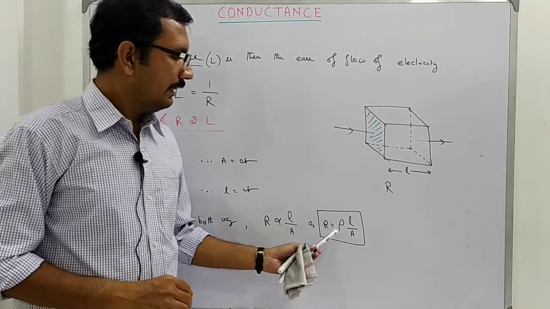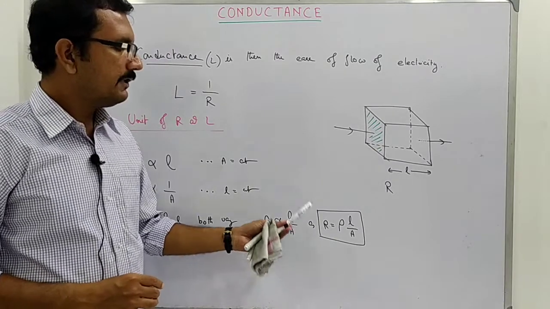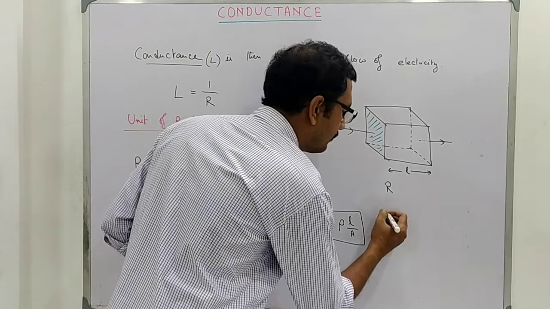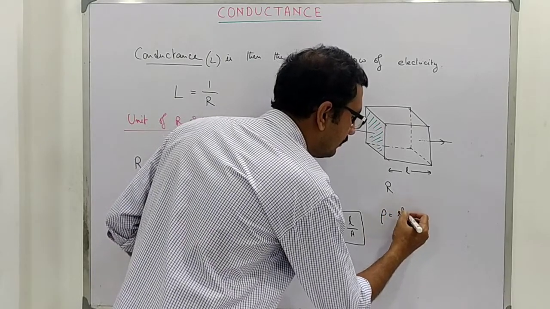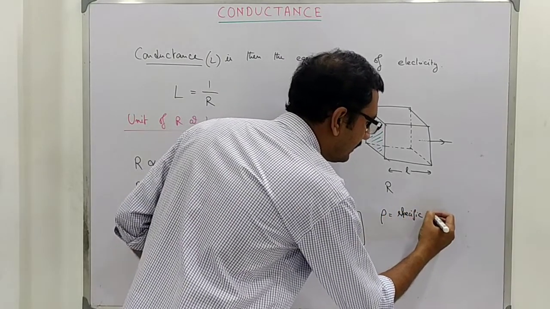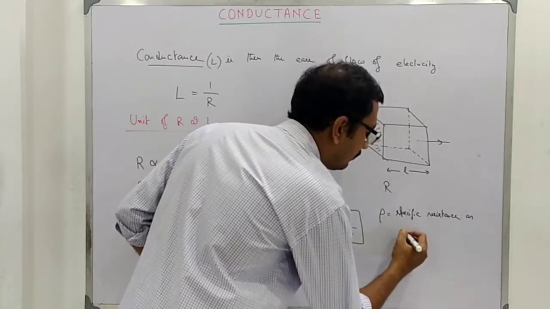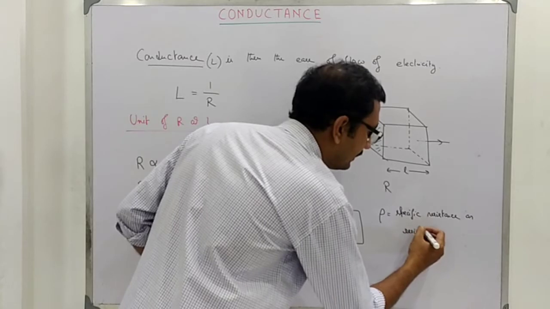This rho is referred to as the specific resistance or resistivity.